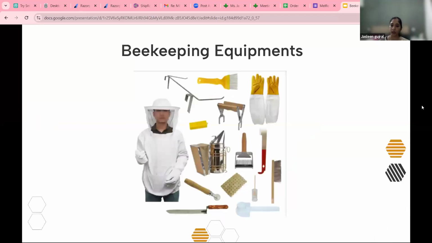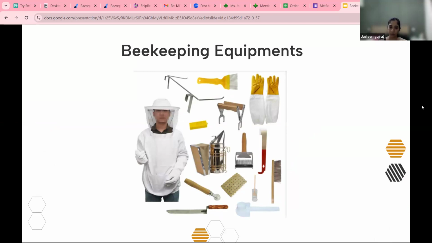Okay. Now, in order to start beekeeping, you need a few equipments so that you ensure maximum safety for yourself, and you don't get stung during the harvesting of the honey or while inspecting the bees. So first you can see there is a bee veil and the bee jacket.